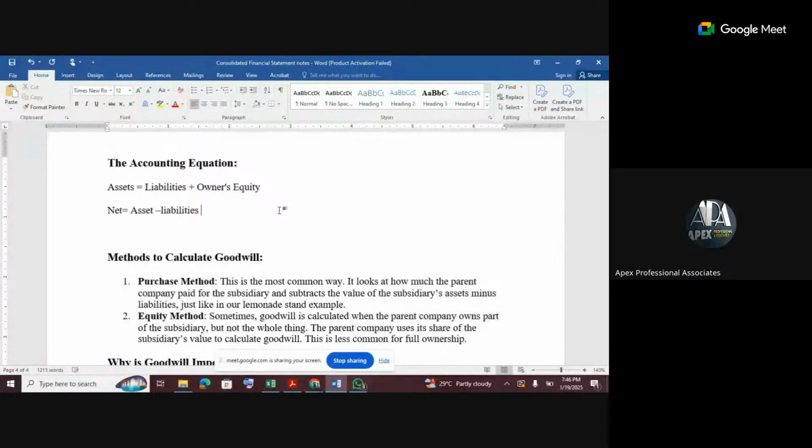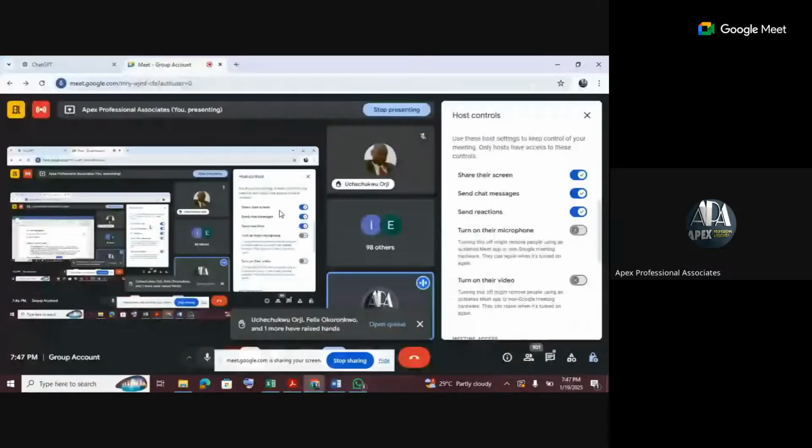We are now saying, what is goodwill? Goodwill is the extra value you pay above the net asset, above the value of the company, because the value of the company is simply the owner's equity, it's simply the net asset. It's like, what is the value of you as a person? I have 50 million, I'm owing somebody 20 million. So how much do I have?